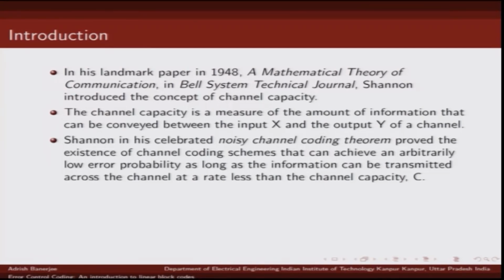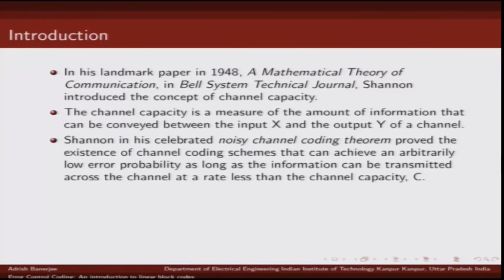Shannon in his theorem also proved that there exist channel coding schemes that can achieve arbitrarily low probability of error as long as the transmission rate is below channel capacity.